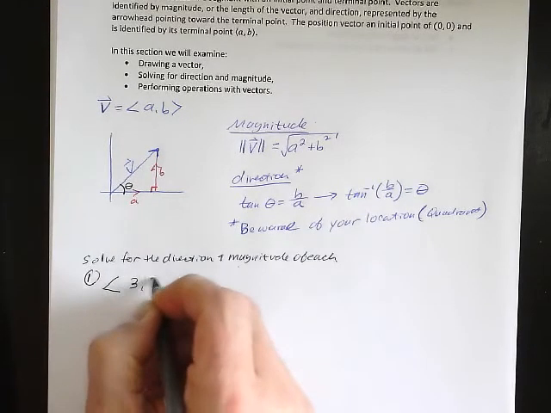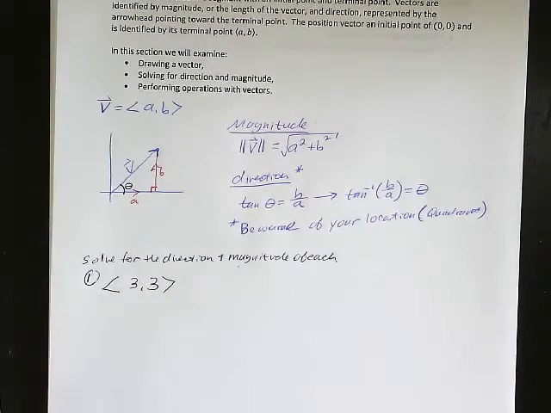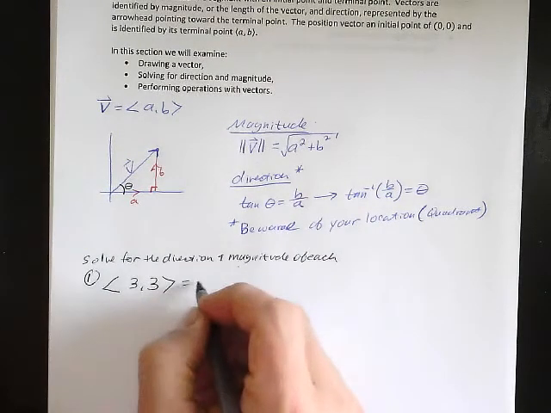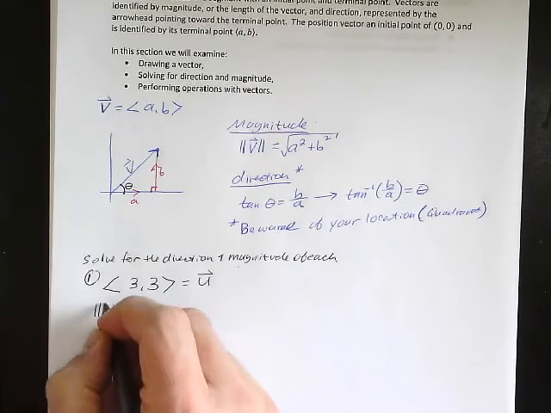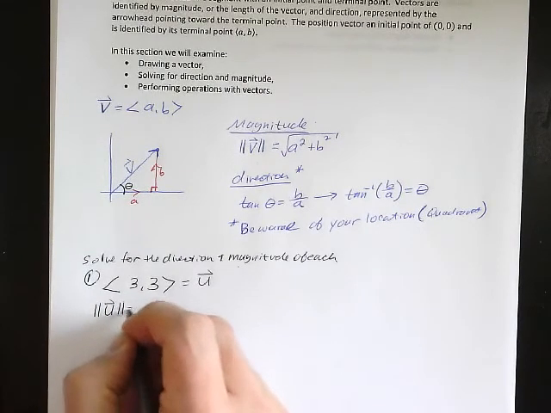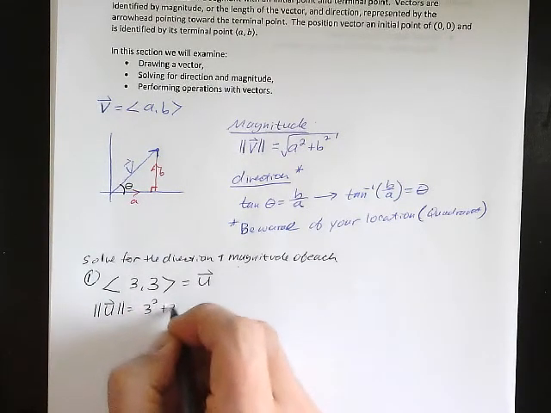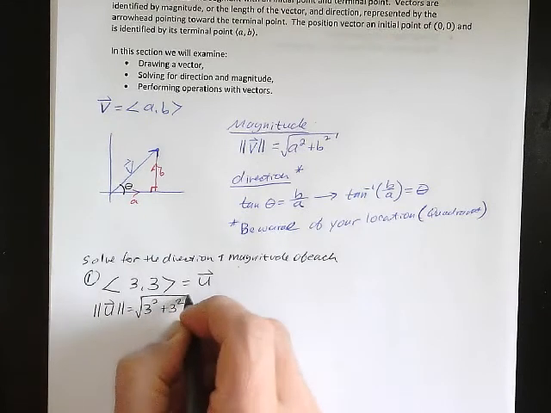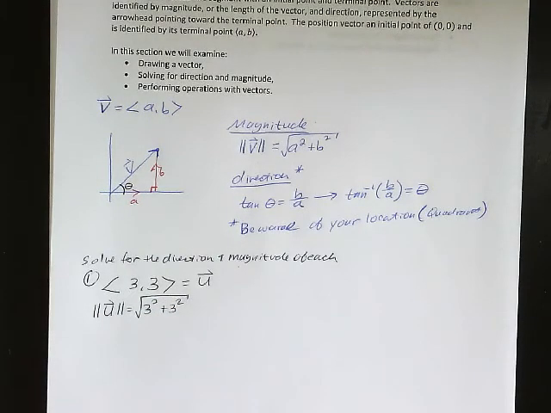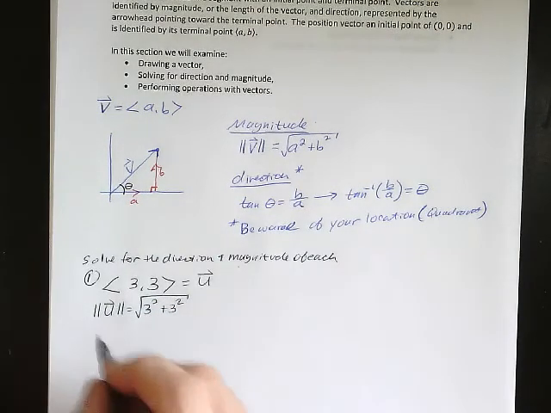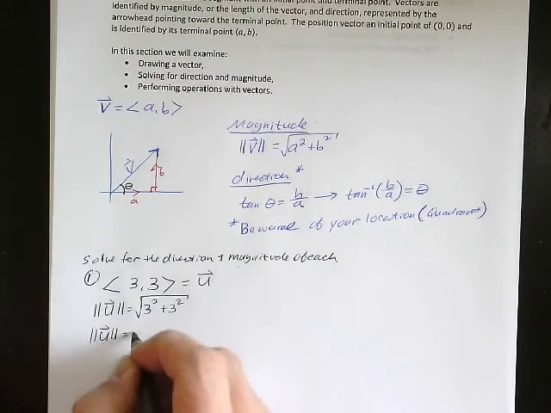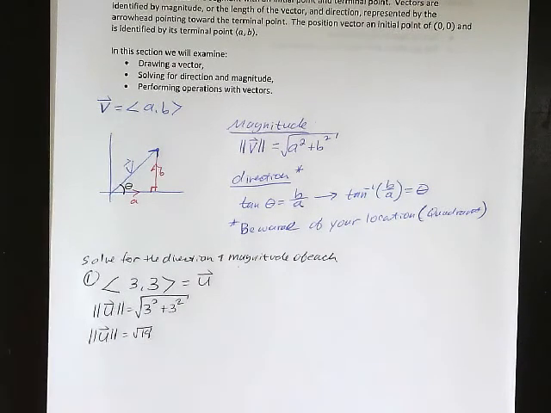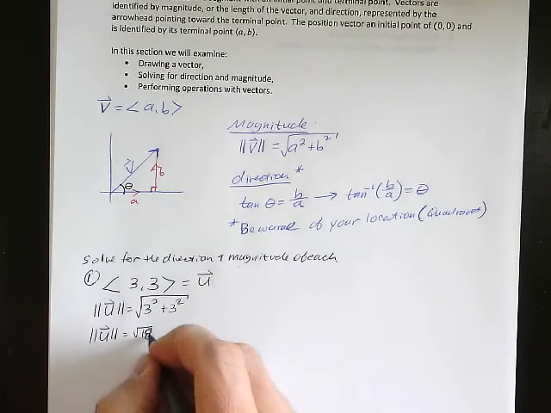So for the first one, we're going to look at the vector <3, 3>. Do a nice little easy one. And I'll call this vector u. So the magnitude of u would be the square root of 3 squared plus 3 squared, underneath a radical. So this would be the square root of 18.